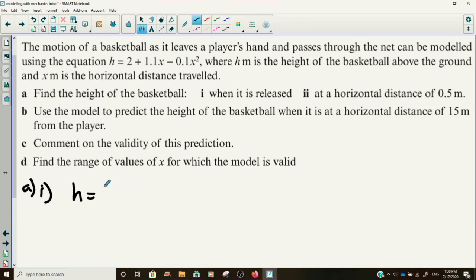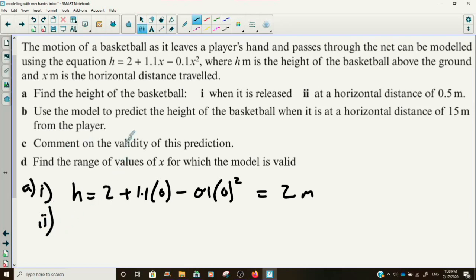So all we have is h equals 2 plus 1.1 times 0 minus 0.1 times 0 squared, which is just 2. Okay, so that kind of makes sense. I guess the ball is at 2 meters as it's released from the player's hand. Okay, and part 2, it says the height of the basketball when it's 0.5 meters from the player.